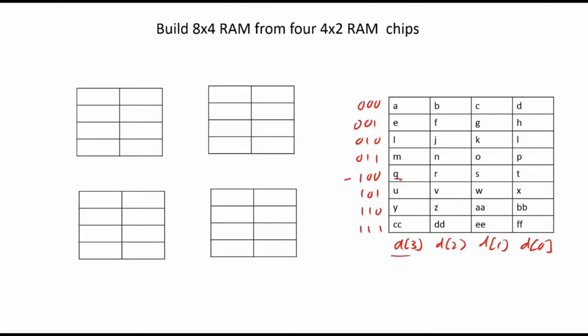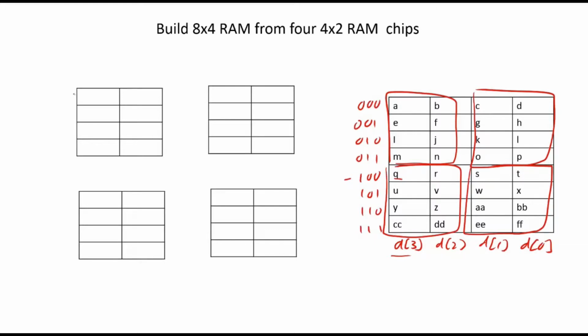What I'm going to be doing to build this 8x4 RAM from these 4x2 RAM chips is I'm going to need to map each of these into smaller blocks. And so what I can do is build this 8x4 out of 4 4x2s if I chunk the RAM in some shape like this. I want to make sure that my orientations match.